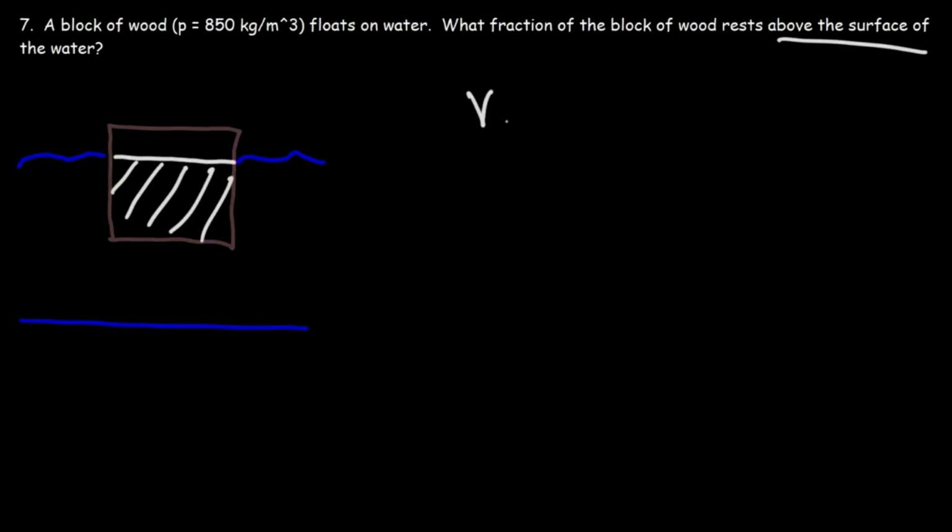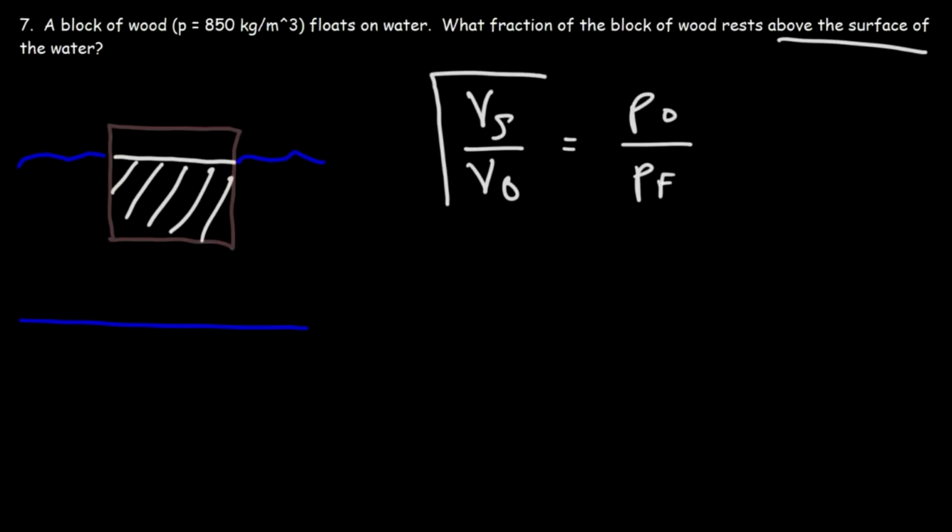We could use this formula. The volume of, in this case, the block of wood that is submerged, divided by the entire volume of the block of wood, is going to be equal to the density of the block of wood divided by the density of the fluid. So this whole thing, Vs over V0, will give us the fraction of the block of wood that is below the surface of water.